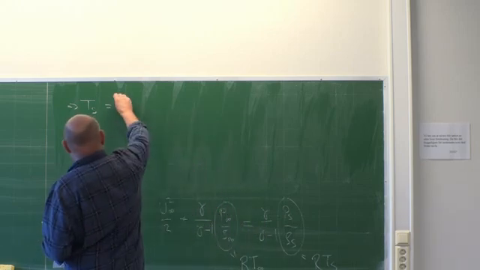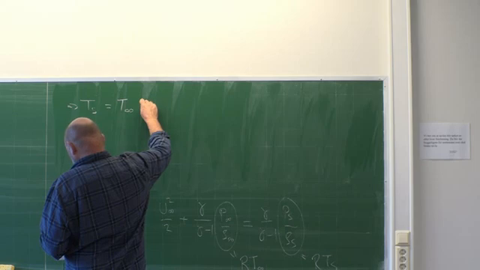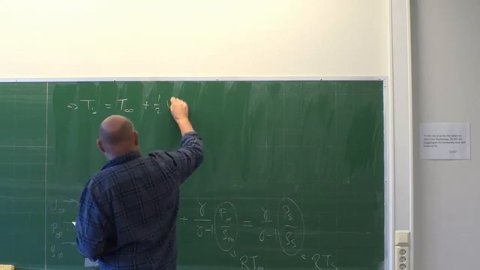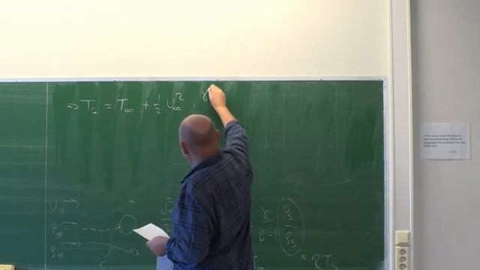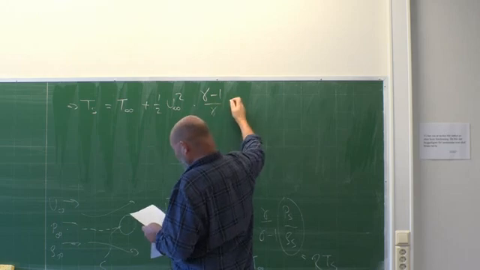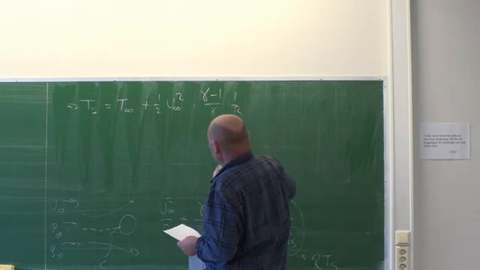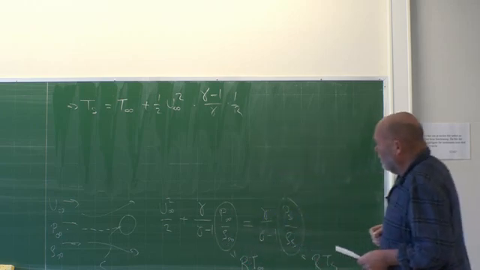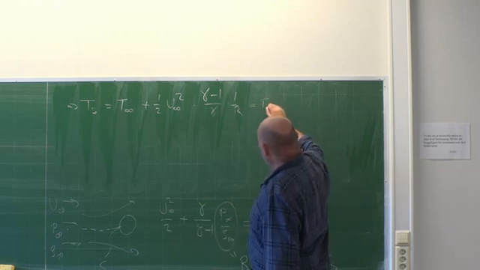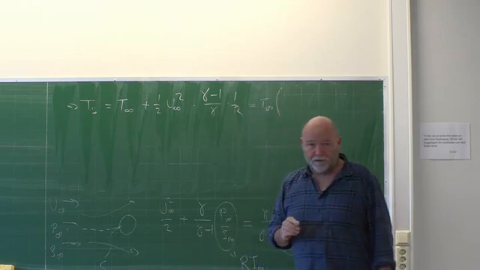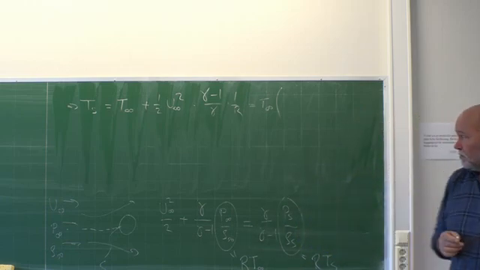So it will be something like this, I guess. Plus 1/2 u squared, and then we have to multiply gamma minus 1 over gamma, and then finally 1 over R. And then with a little algebra, put T infinity on the outside.